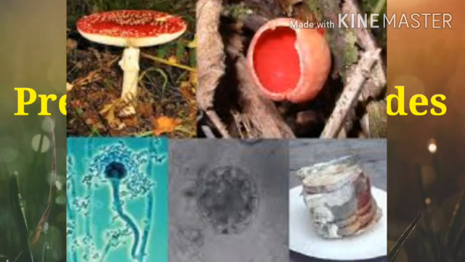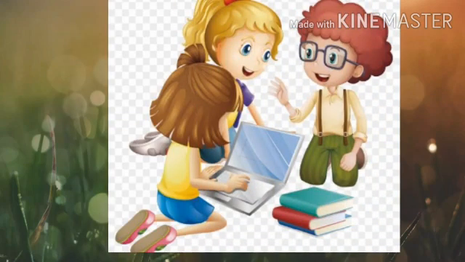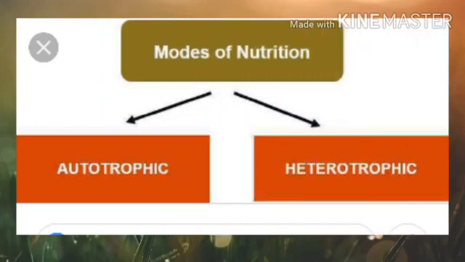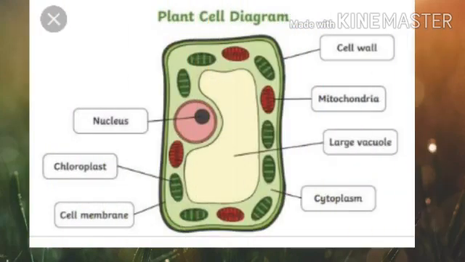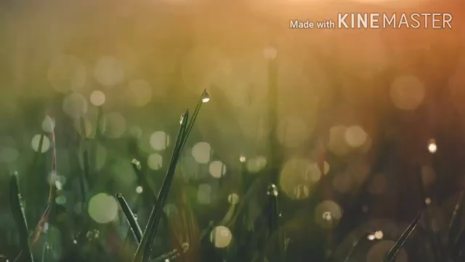Dear students, till now we have studied about all the modes of nutrition in plants. But before concluding this chapter, let's take a look at the plant cell. You have seen that buildings are made of bricks.